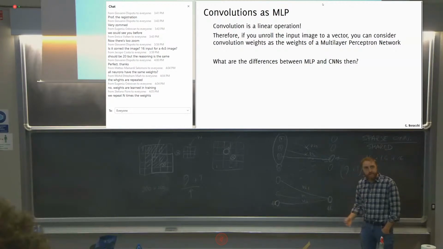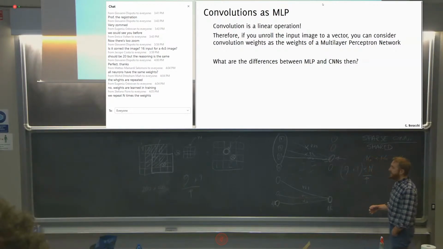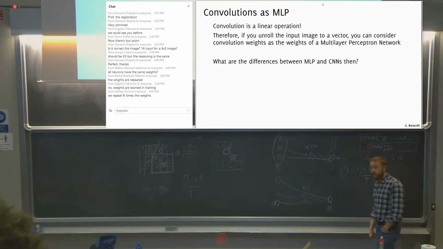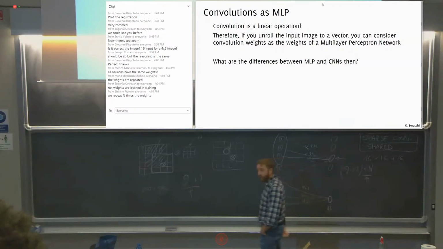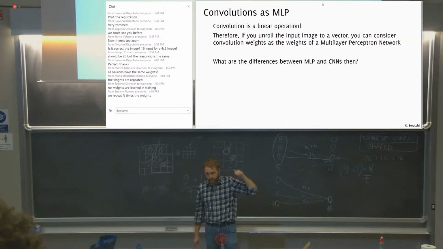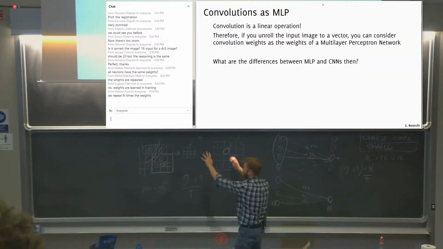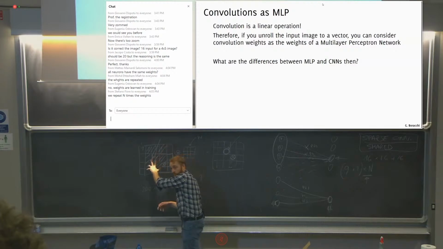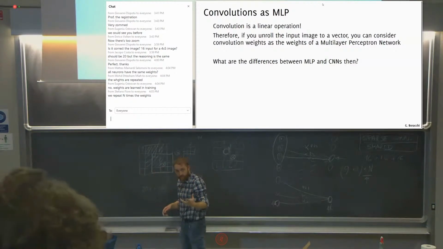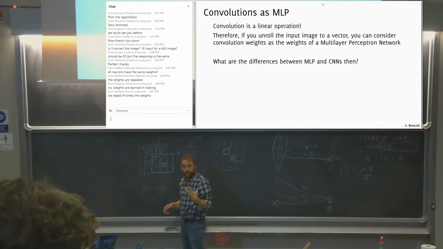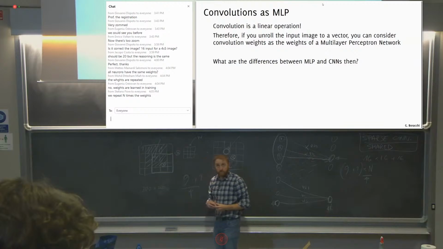And this is why convolutional layers have so few parameters with respect to feed-forward neural networks: because of sparse connectivity, you don't have dense connectivity. If you look at this as a feed-forward neural network, each output neuron is connected just to a few input neurons, and the weights associated with these connections are the same for each output neuron.